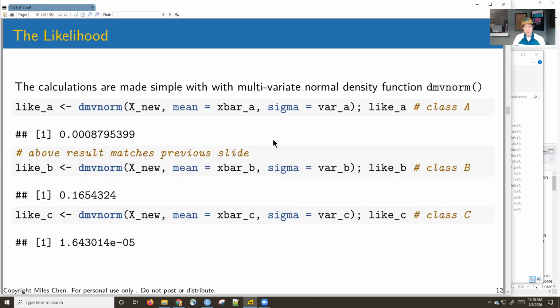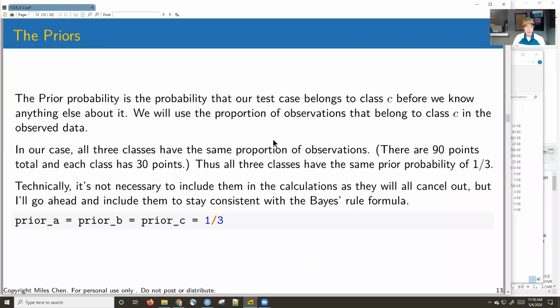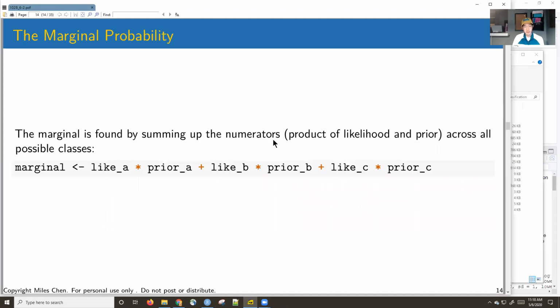Okay, so that's the likelihood, and here's our prior. Then the marginal probability, the value that goes in the denominator, is going to be equal to the sum of the numerators, and we find the numerator by doing the likelihood times the prior. We do that for all the classes.